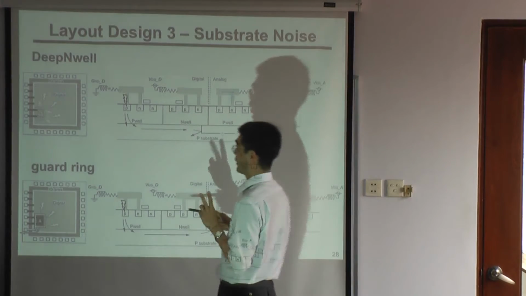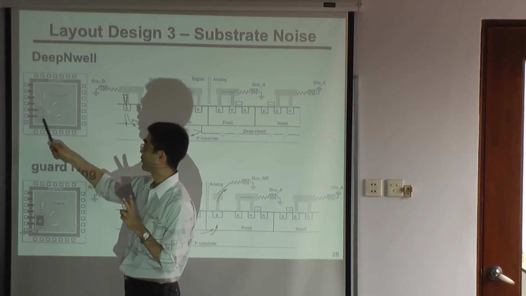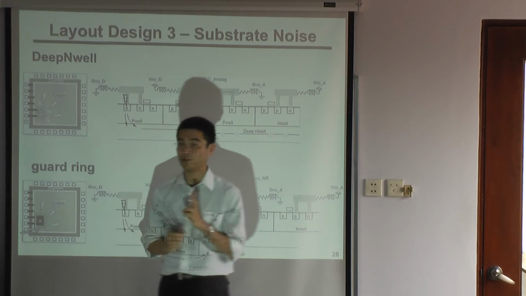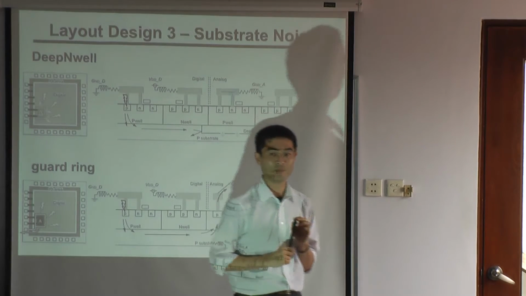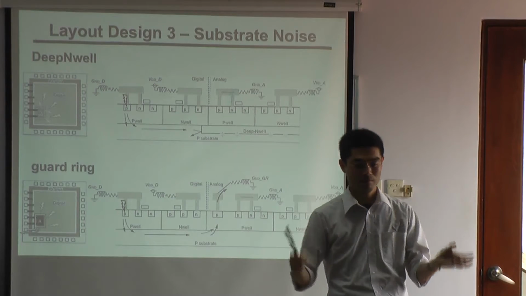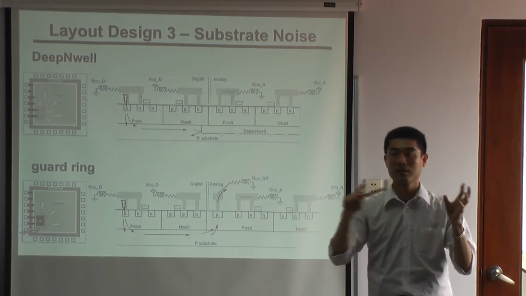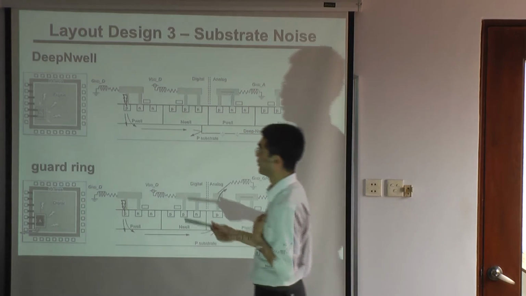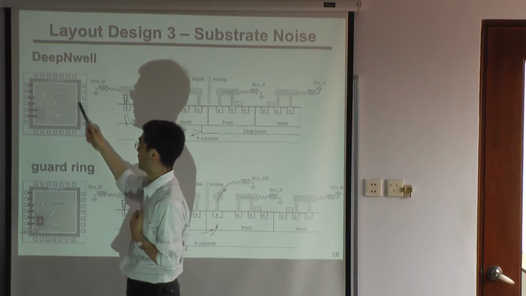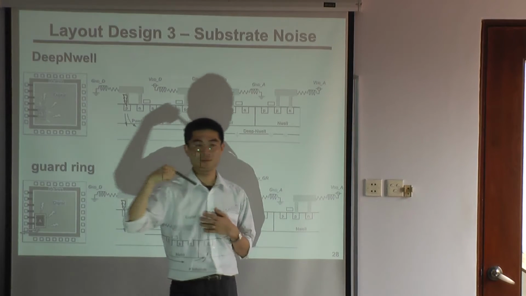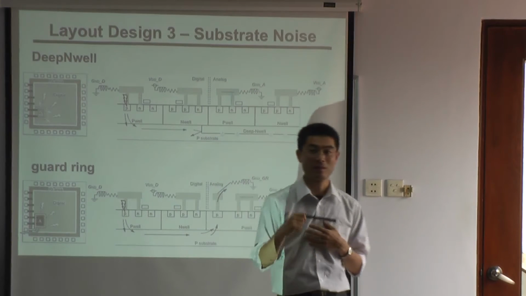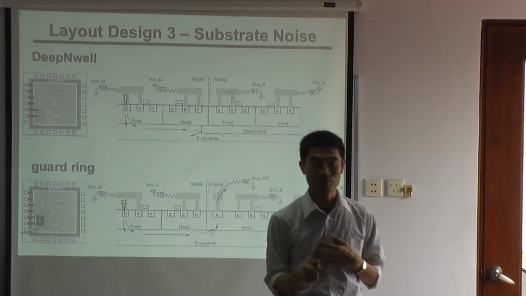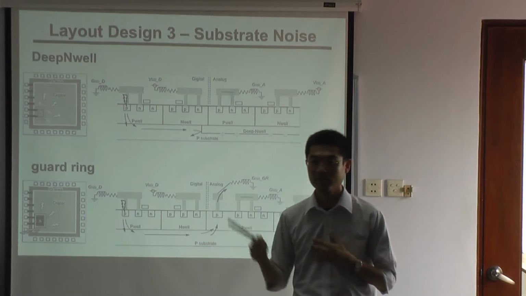So we have 2 ways to use deep N-well: deep N-well around the analog portion, or deep N-well around the noise generator. Around I/O, we have to drive picofarad capacitance on the pad.